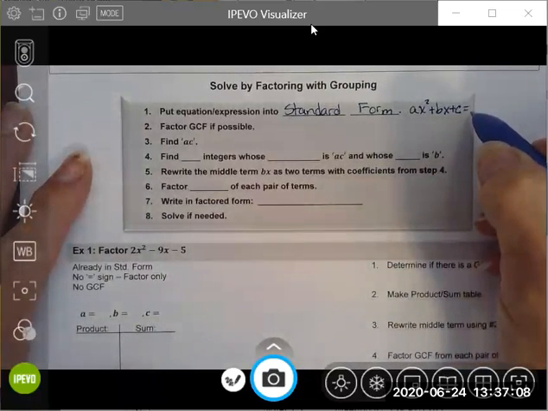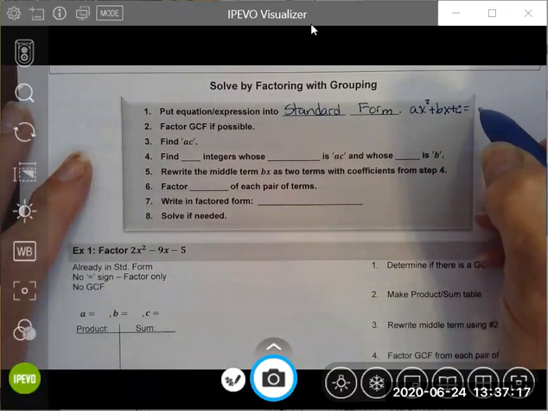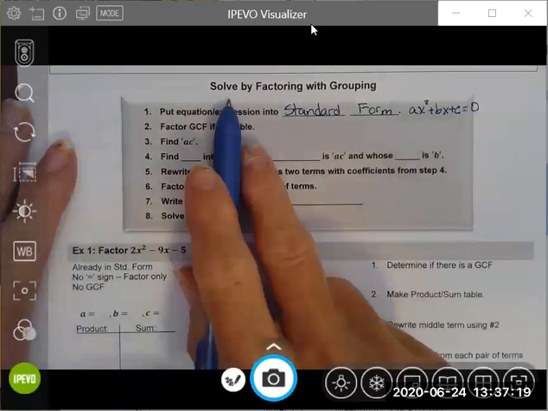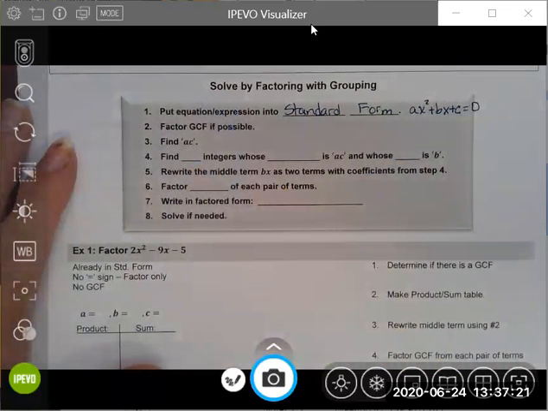If I were graphing it, it would be f of x, if I were just talking about the general equation. But in our case, it's going to be equal to 0 because we are trying to solve to find the x-intercepts. X-intercepts occur when y equals 0.